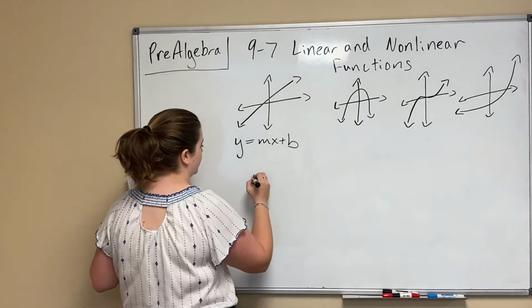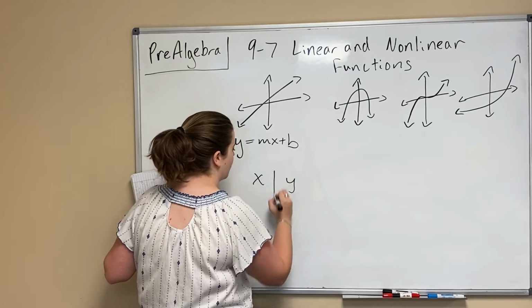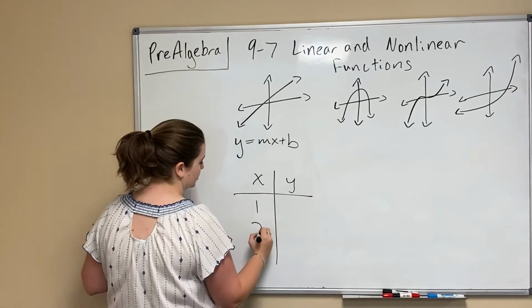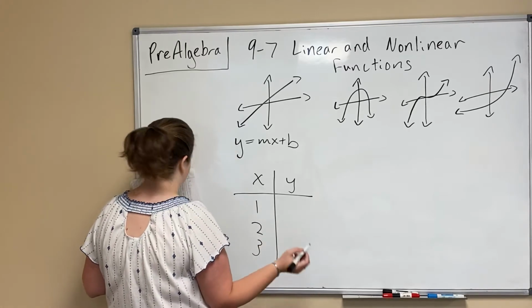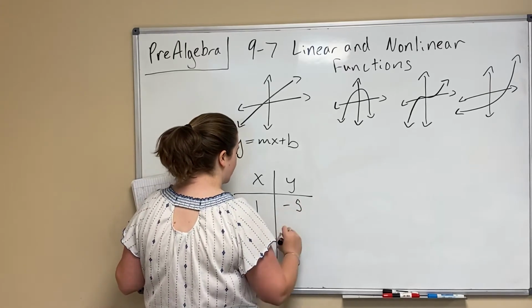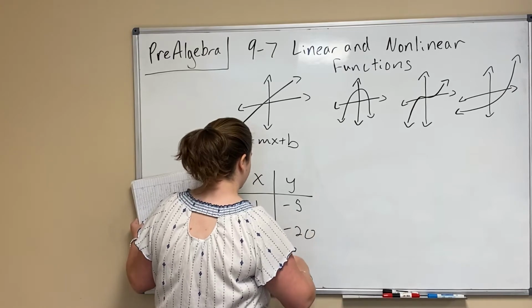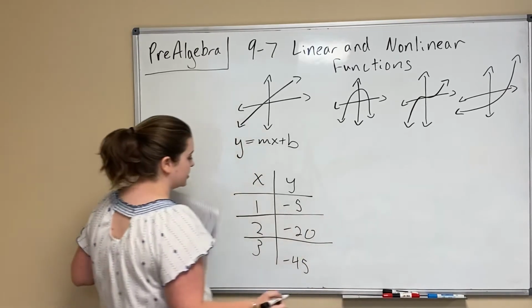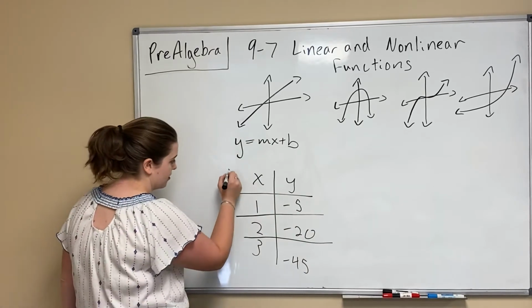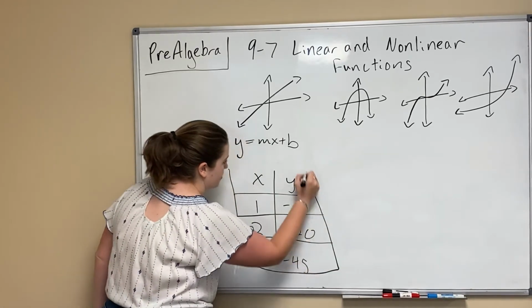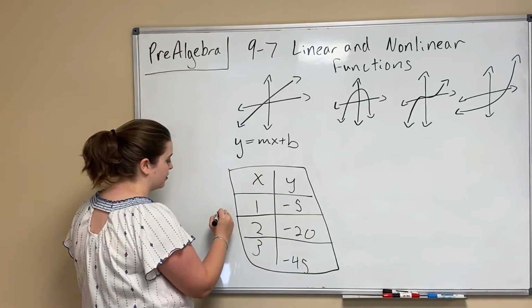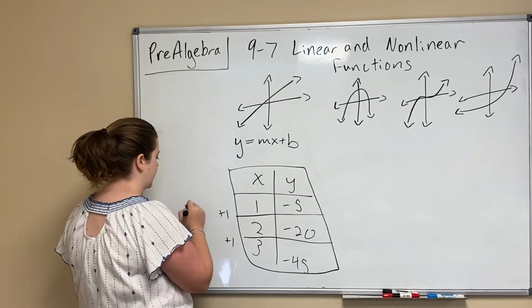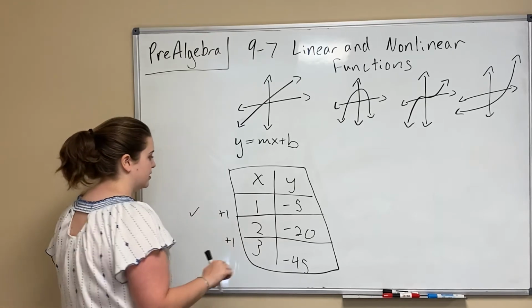So for example, if I had my x and my y values in a table, and my x values are like 1, 2, 3, and my y values are like -5, -20, -45. And I'm going to look through this table and I'm going to go between 1 and 2, I'm adding 1. Between 2 and 3, I'm adding 1. So that is a constant rate of change.